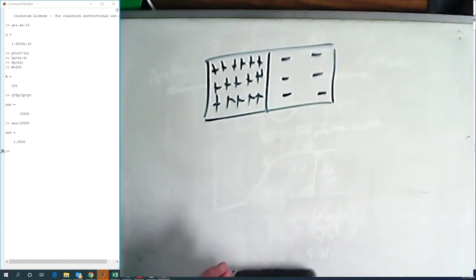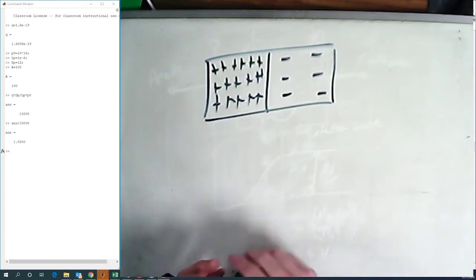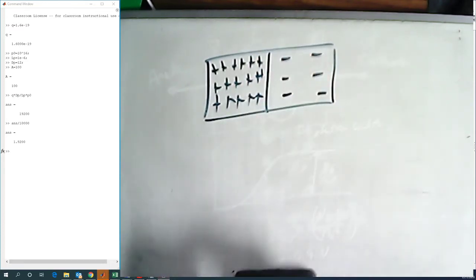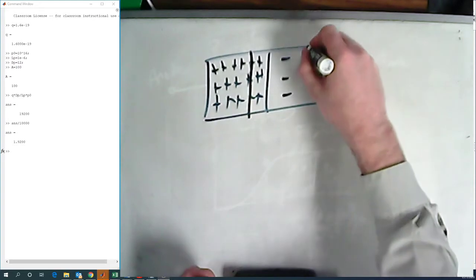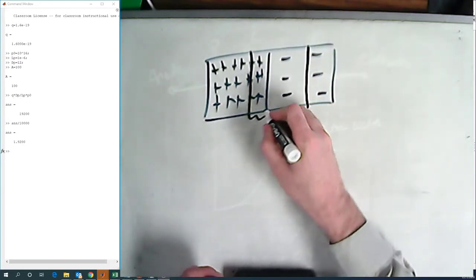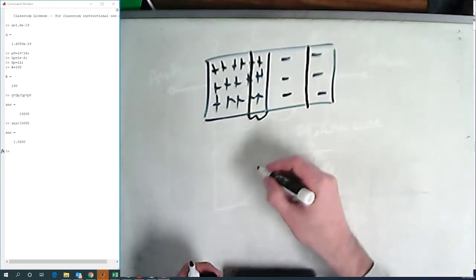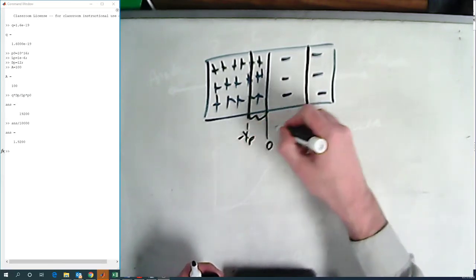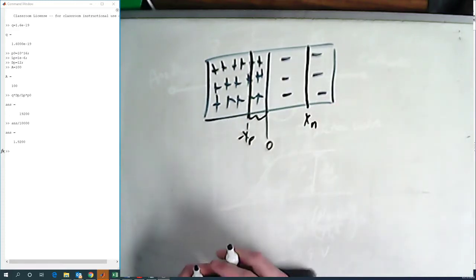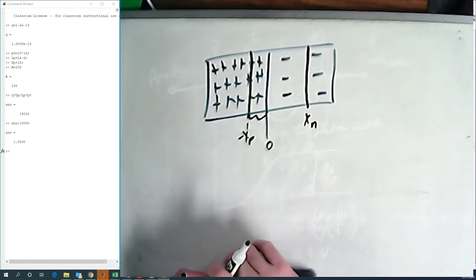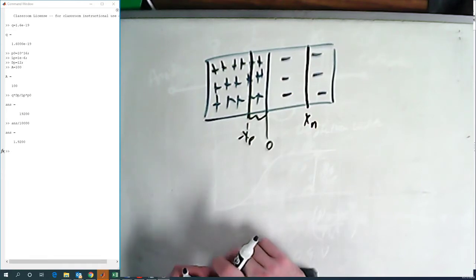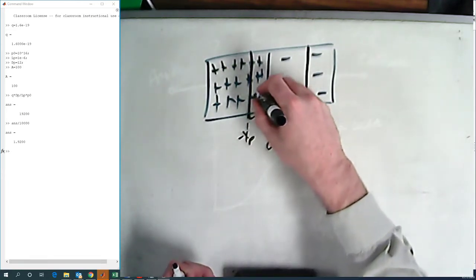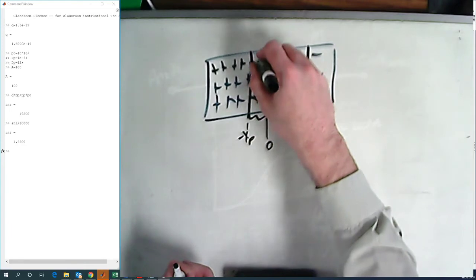Well, as it turns out, we can make the individual gaps from this because this is before it's bound. And what's going to end up happening is, I'm going to call this negative xp. So we're going to call this 0. This is negative xp. This is xn. Okay? We're going to have xn much greater than xp. And so that's kind of expected that we'd get this, and we'd end up with negative bound charges over here.